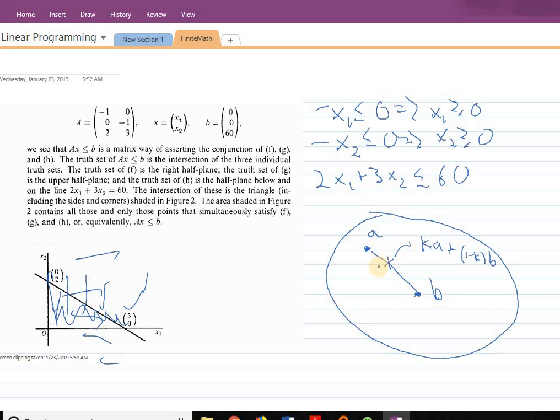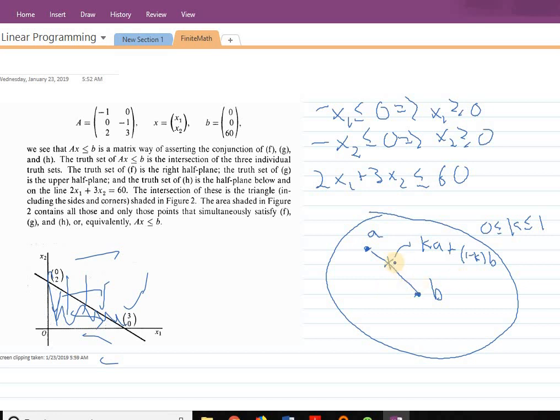So any point on this line can be expressed in this way, where K is between 0 and 1. If K is equal to 1, then we get A. If K is equal to 0, then we get B. And if K is 1/2, you would get the midpoint right in here. So anything else is going to be on that line segment joining A and B.